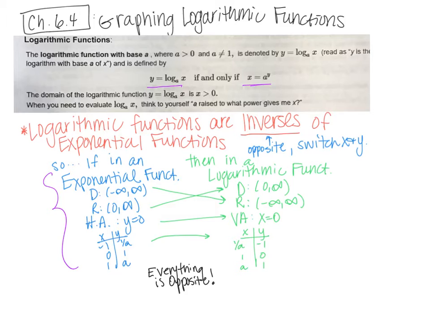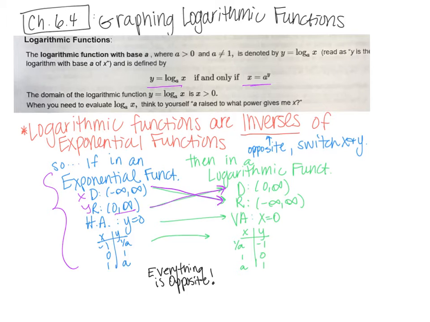So remember, domain is my x's, range is my y's. So if I were to switch those, now the log function, the domain is going to be 0 to infinity. And our range is now going to become what the domain was, which is going to be negative infinity to infinity. So they are just literally switching spots.